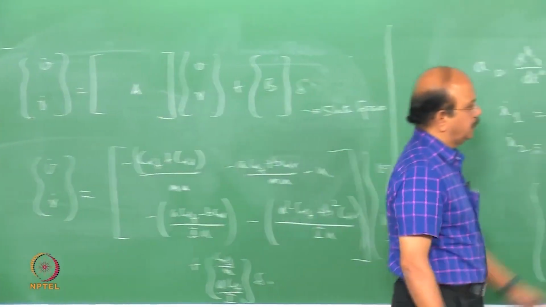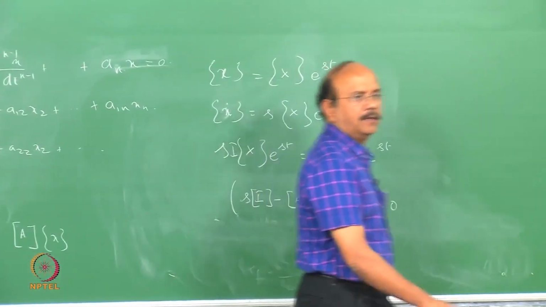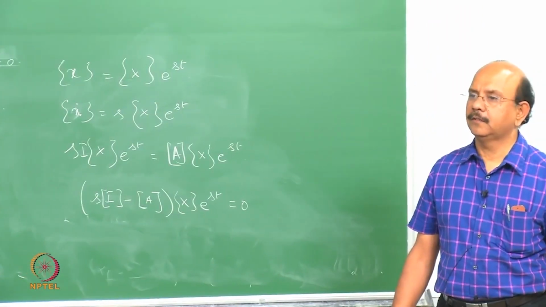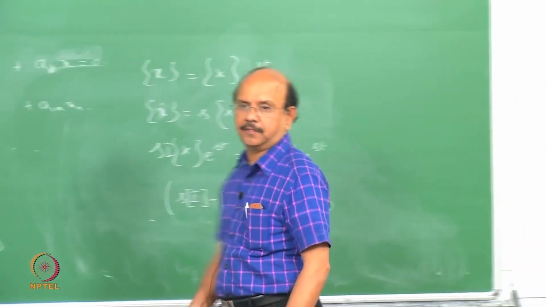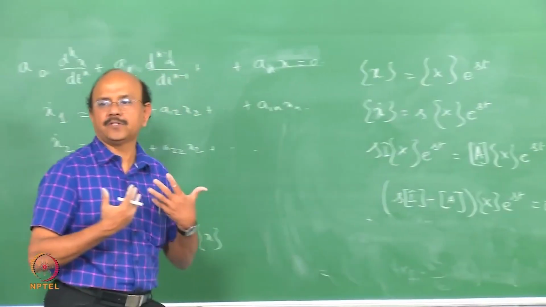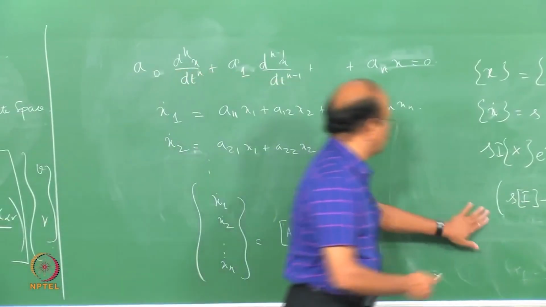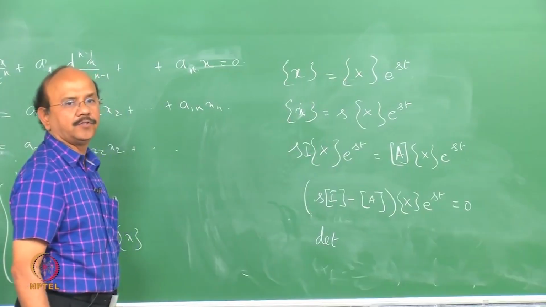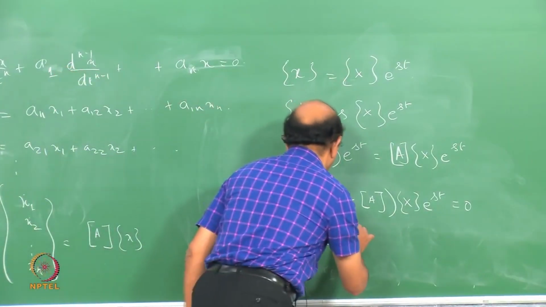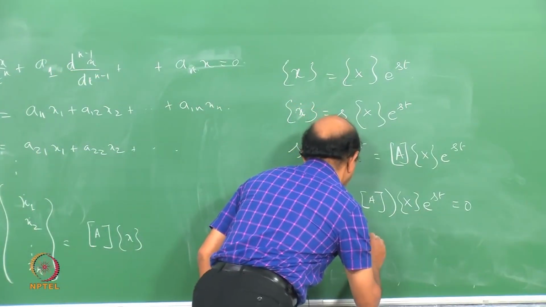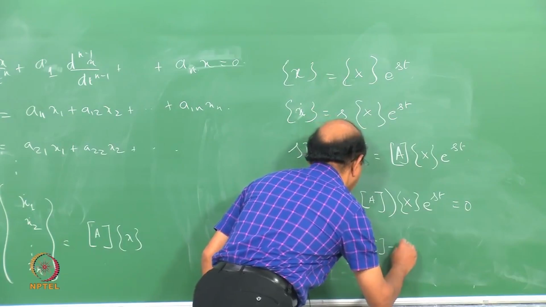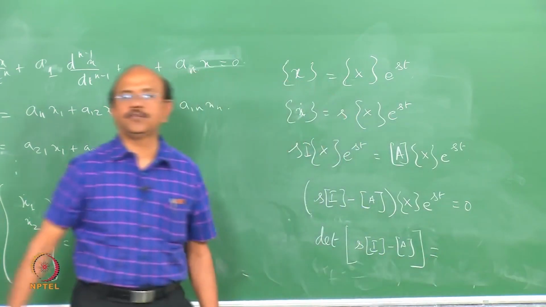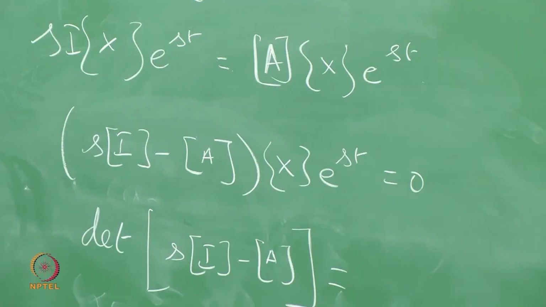For a non-trivial solution for this expression to exist, what is the determinant of this? That is called the characteristic equation. The same condition for a non-trivial solution to exist: the determinant of (sI minus A) should be equal to 0.